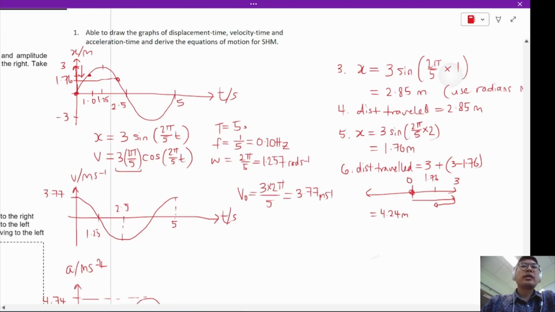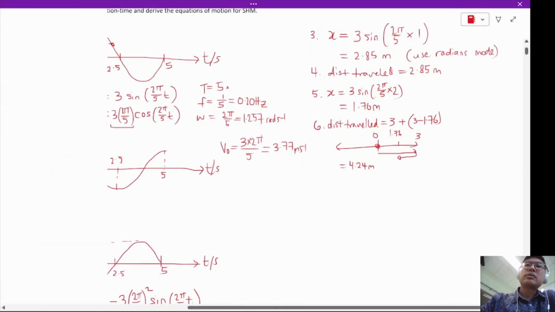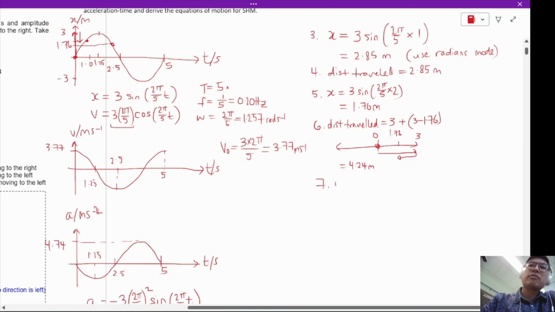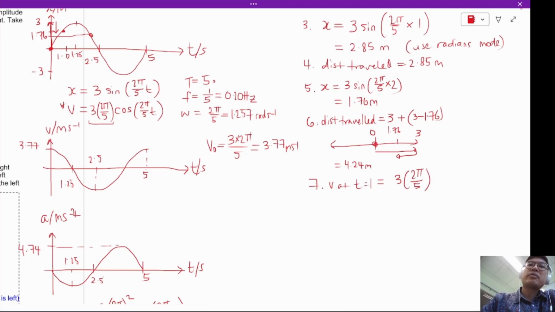Great. Let's take a look at question 7. What is the velocity at 1 second? So question 7 tells us the velocity at t equals 1 will be equal to, and then we use the velocity formula over here: 3 multiplied by 2 pi divided by 5 times cosine of 2 pi over 5 times 1.